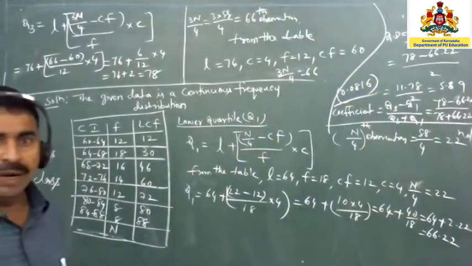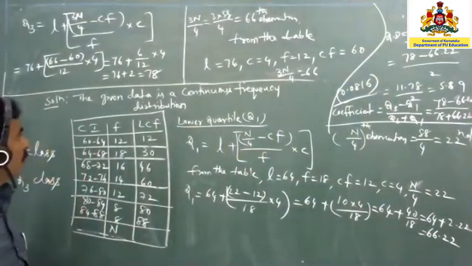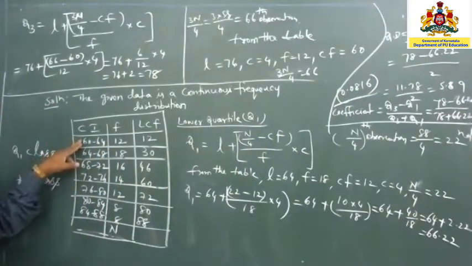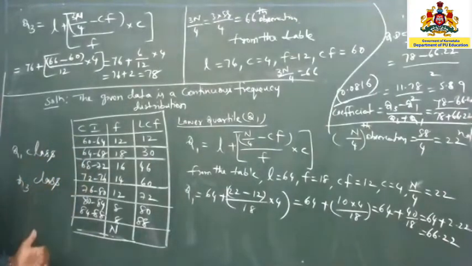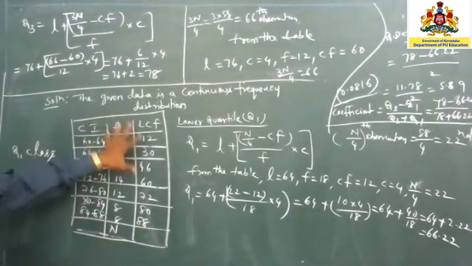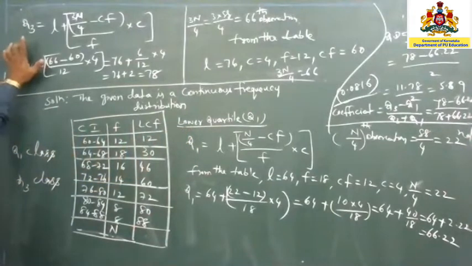For the computation of quartile deviation for a continuous frequency distribution, class intervals should be exclusive. If inclusive class intervals are given, they should be converted into exclusive. Here, exclusive class intervals are given directly. So first the table, then lower quartile Q1, then upper quartile Q3.